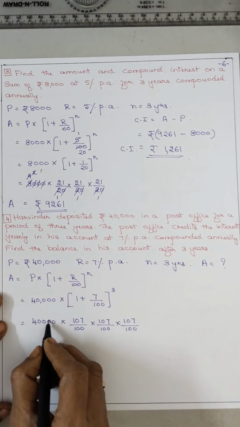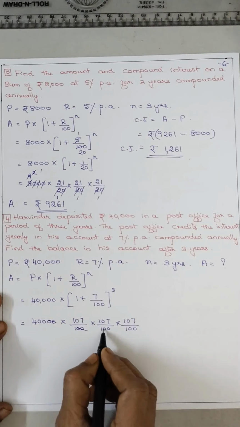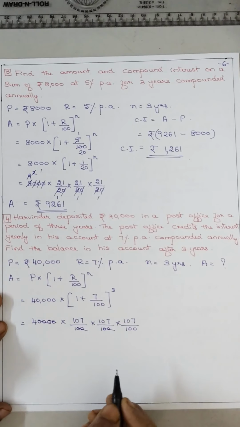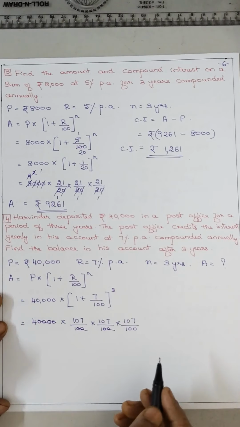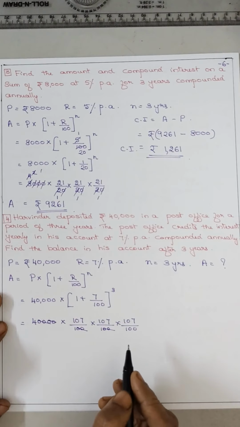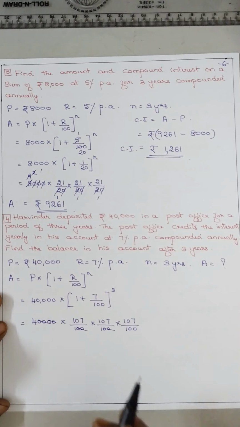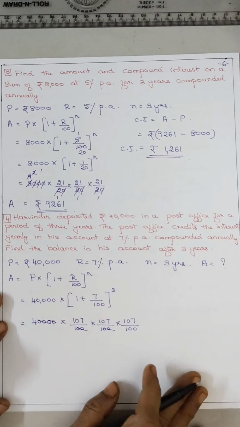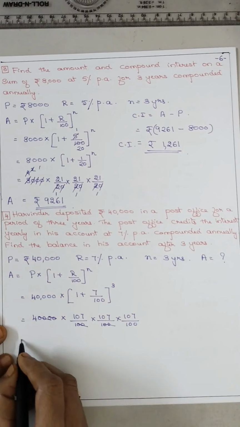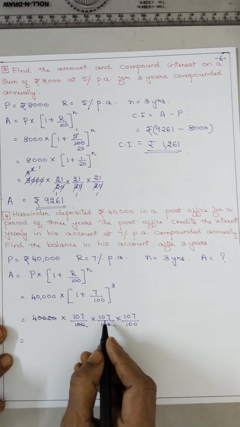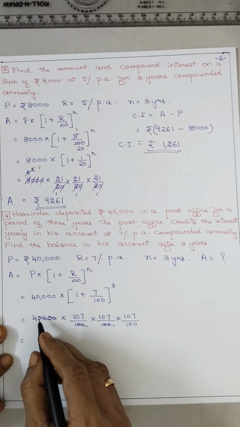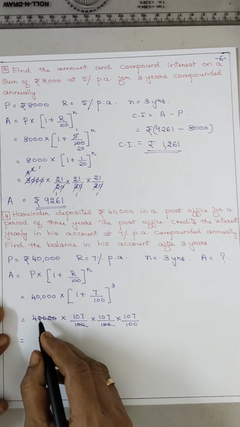So 2 zeros get cancelled. Don't cancel 4 and 50. Don't do like that, because now it is a decimal. So multiply 107 3 times and into 4. So you get the answer.